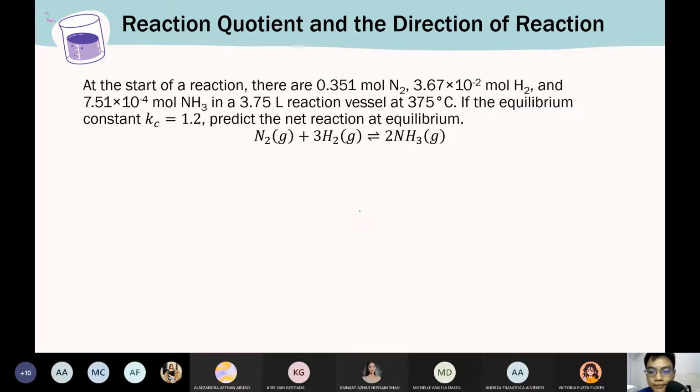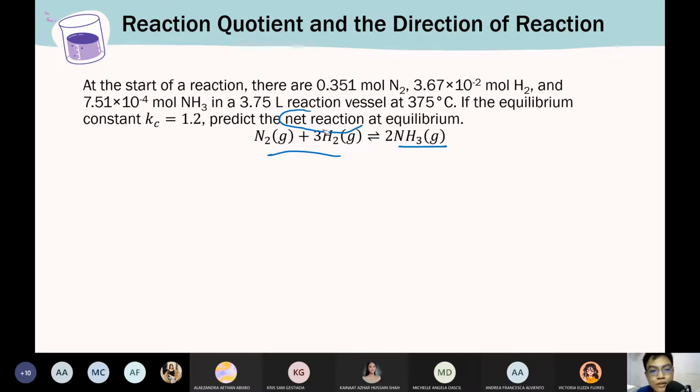When you read the problem and you see the words at the start, or initially, it suggests that you solve for the value of Q. And looking at the second sentence, the equilibrium constant is also given. So, you really need to compare the value of Q and K so that you can tell where the reaction is going. Is it to the left? Is it to the right? To the reactant? To the product?